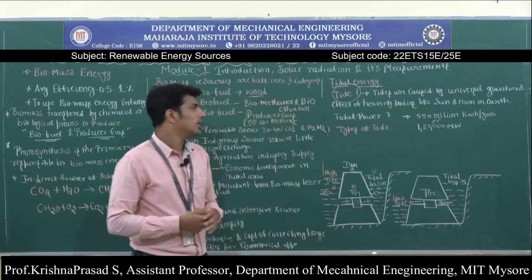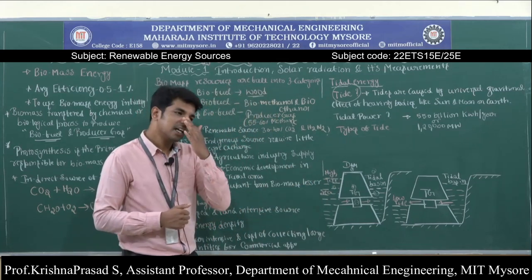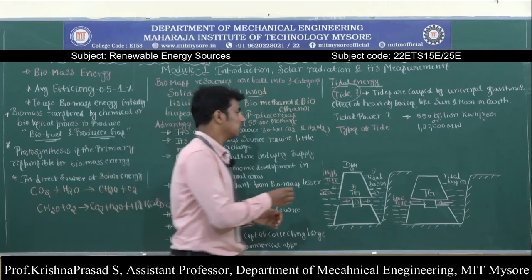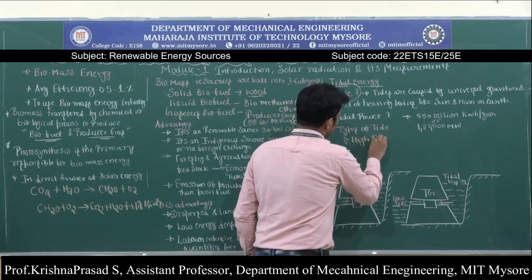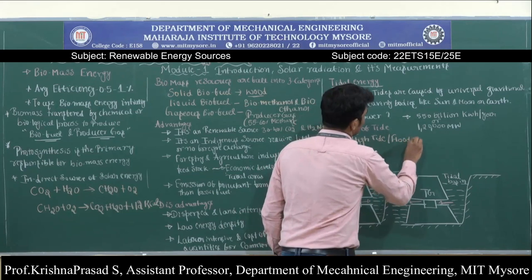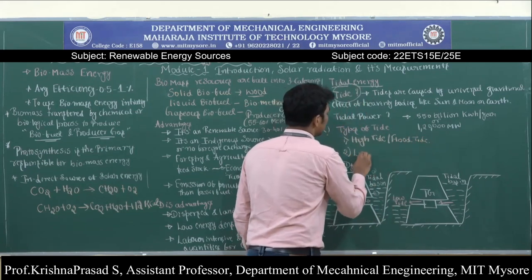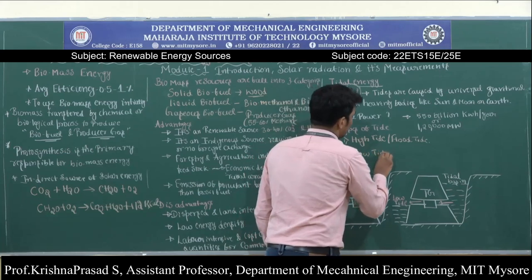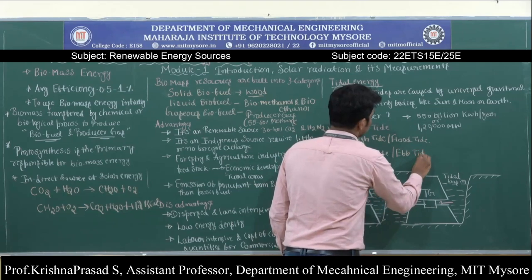Next, what are the different types of tides? These tides are generally categorized into two types. The first one is called high tide or flood tide, and the second one is called low tide or ebb tide.